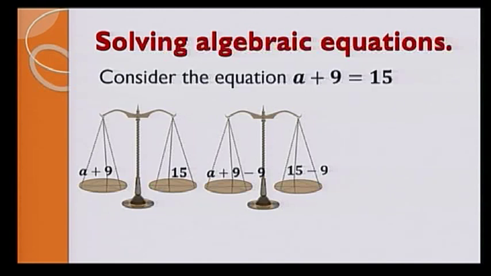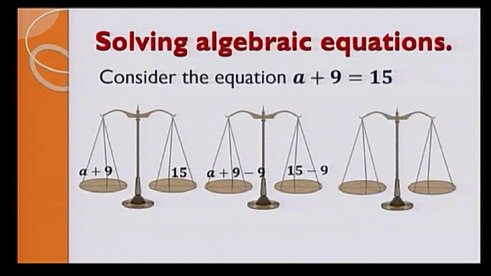After subtracting 9 from both sides, we get a on one side and 6 on the other side. Therefore, the solution of this equation is a is equal to 6.